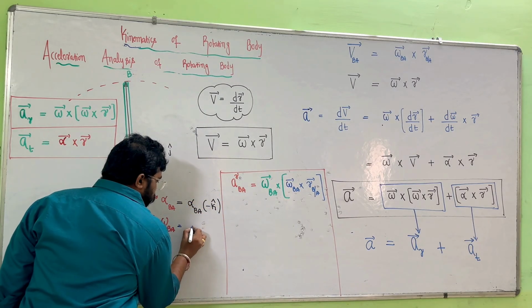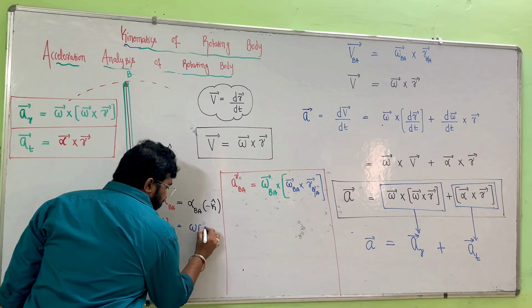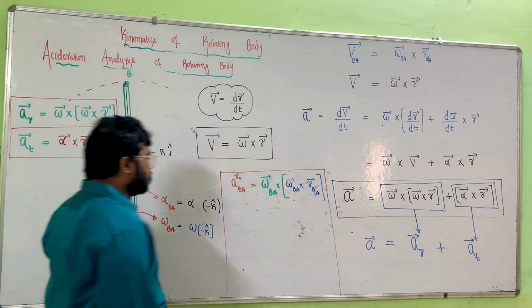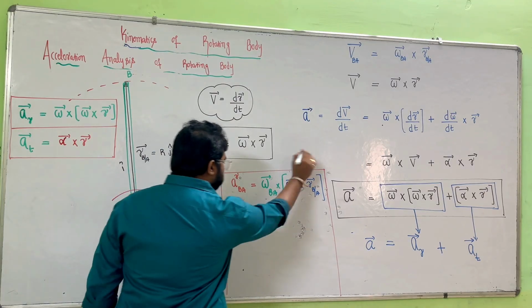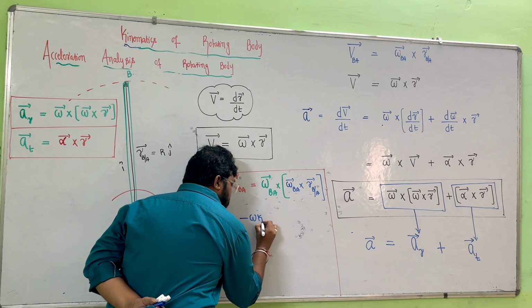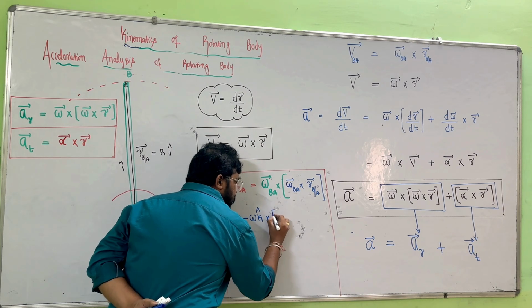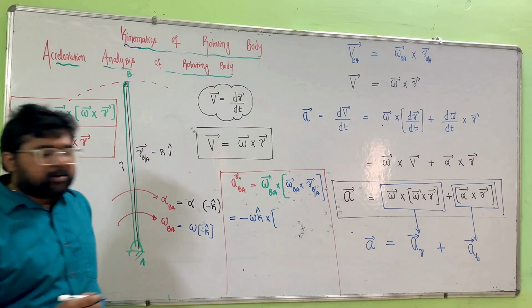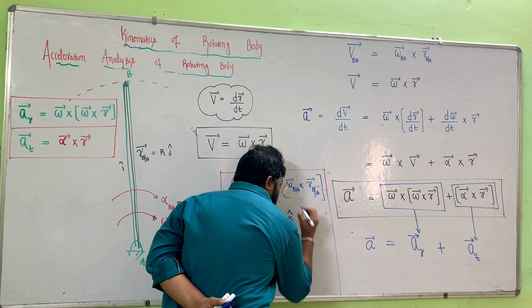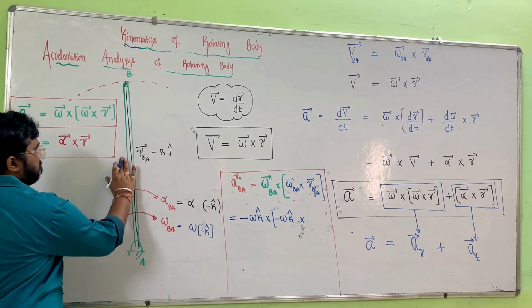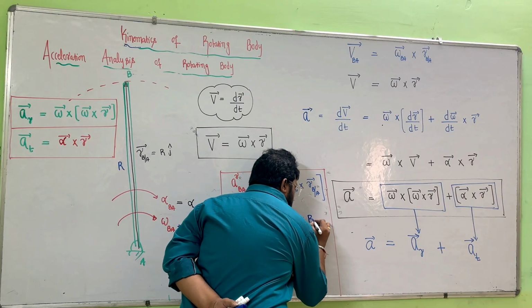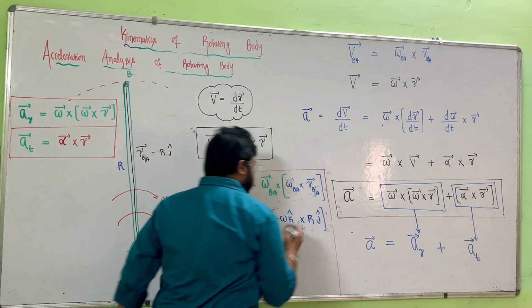This equals minus omega K cap crossed with minus omega K cap crossed with R J cap. Are you getting the same?